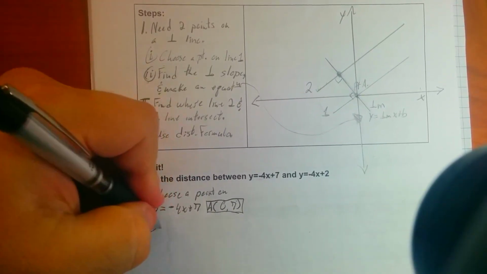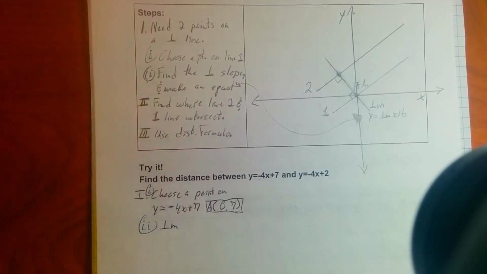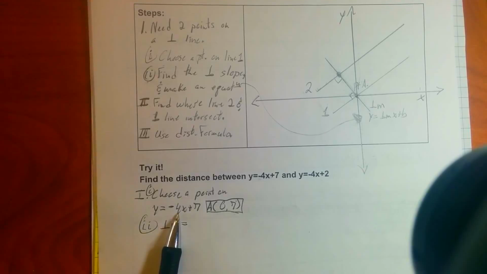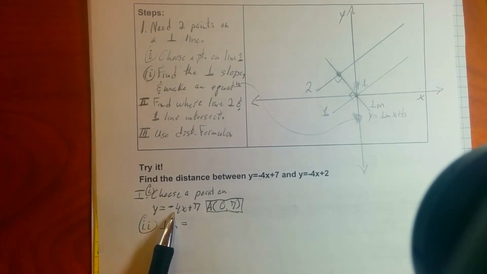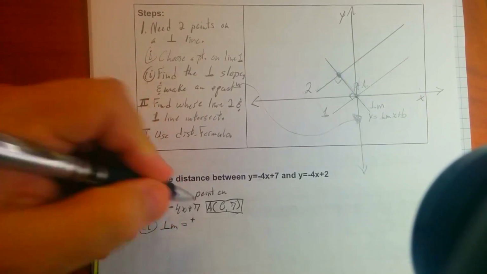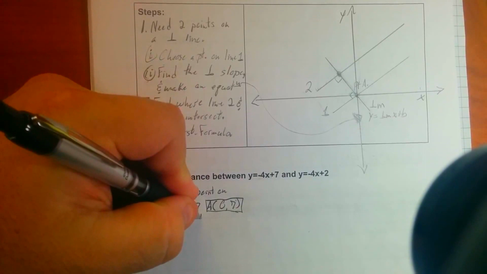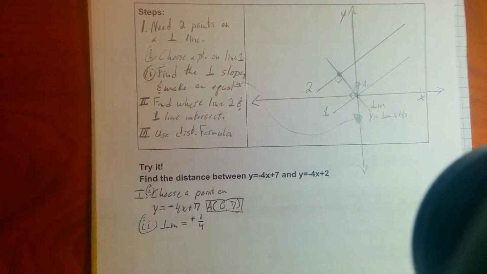Part 2, we need to find the perpendicular slope. In this case, that would be the perpendicular slope to negative 4, which, as we know, is the opposite reciprocal. Opposite means the sign changes, so it's going to be positive. Reciprocal of 4 would be 1/4. So that's our slope.